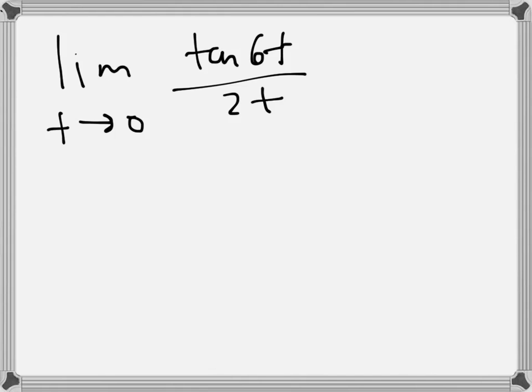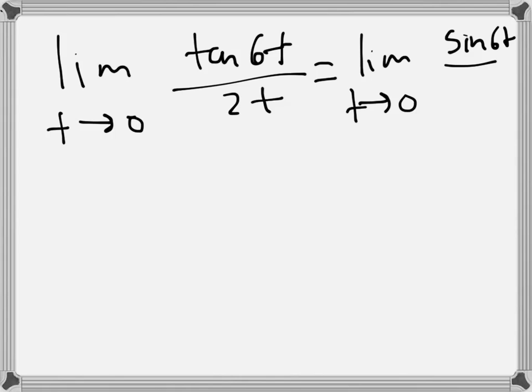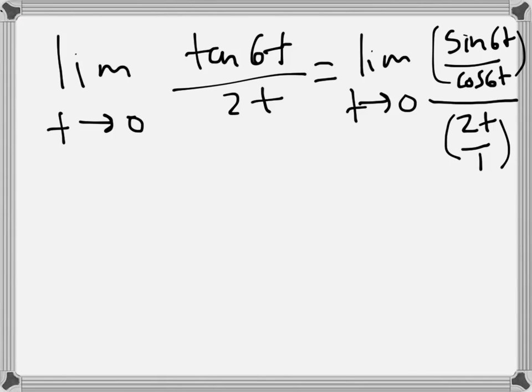So first I'm going to use the trig identity that tangent is sine over cosine. So I have sine of 6t over cosine of 6t all over 2t. And I'm going to say it's all over 2t over 1 because I want to clear this double fraction. So I'm really dividing by the reciprocal.